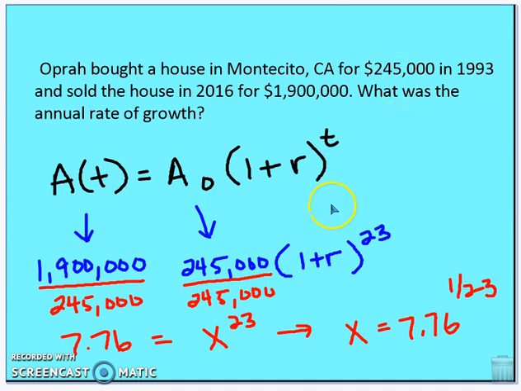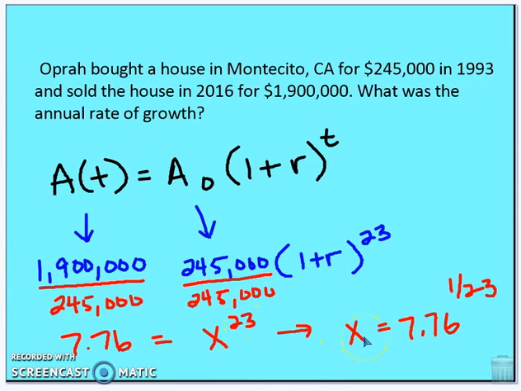And then we're going to rewrite 1 plus r as x for now, because it's a little bit more difficult to extrapolate the 1 from the r in this case. We need to evaluate the 1 plus r first and then back out the value of r. So 7.76 is equal to x to the power of 23.